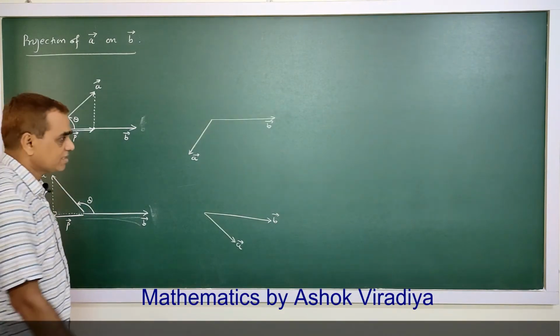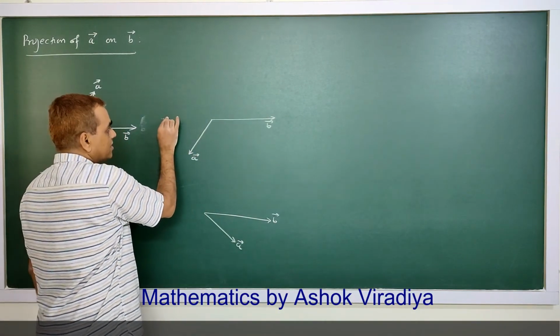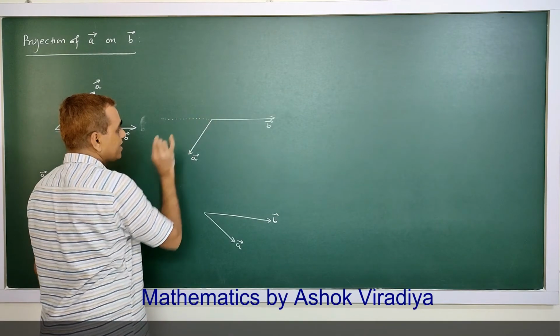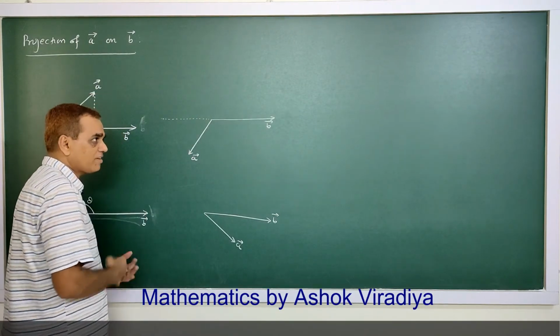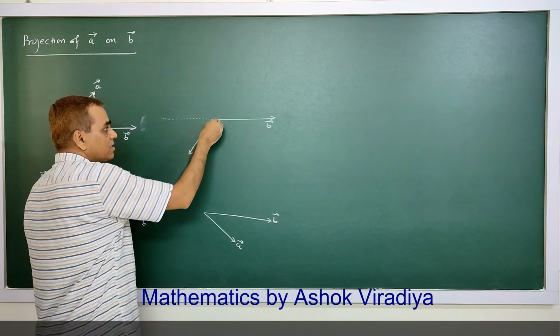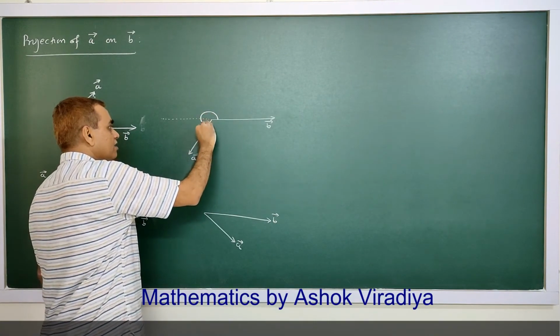In this case, consider this dotted line on the opposite side, projection of A on B. Here theta is in the third quadrant.